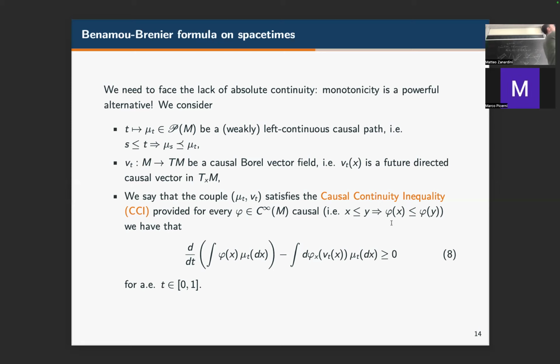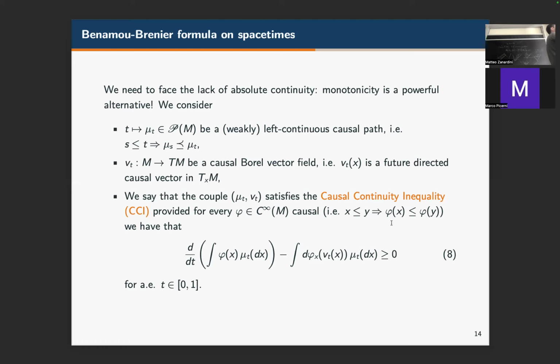Well, causal means that at each point you have a future directed causal vector at the level of the tangent space fixed at x. And we say that the couple mu_t, v_t satisfies the causal continuity inequality, provided for every smooth causal function, where causal means that it is increasing with respect to the partial order from M to R, we have this formula.